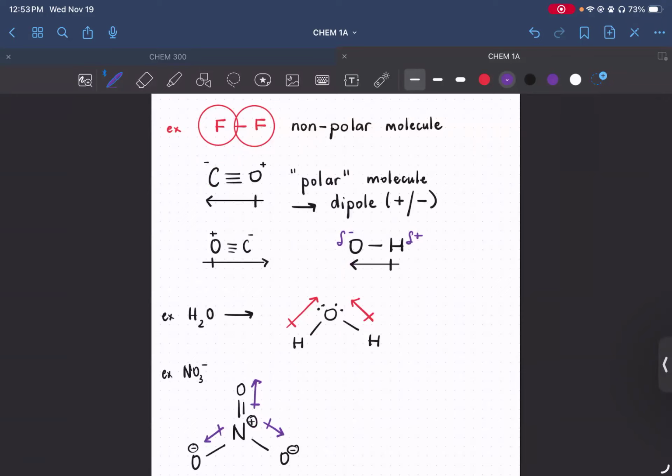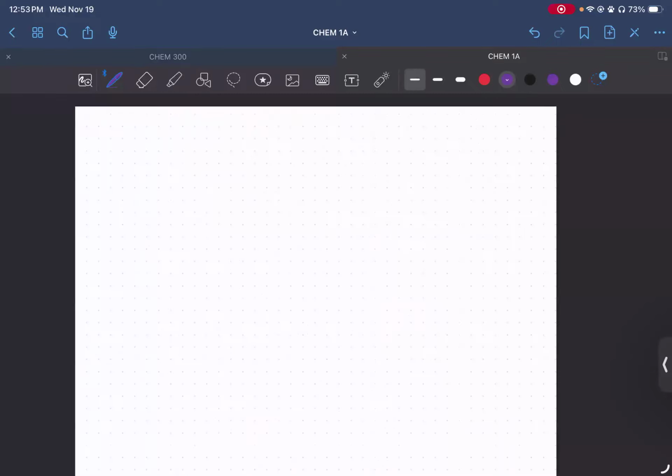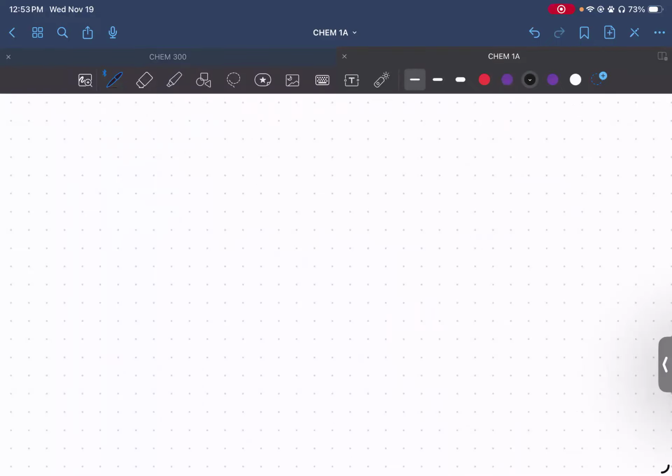Intramolecular forces like these are very important, not only because they, number one, help us understand the stability of a molecule, but they also help us understand the interaction of these molecules with one another. This leads to intermolecular forces.